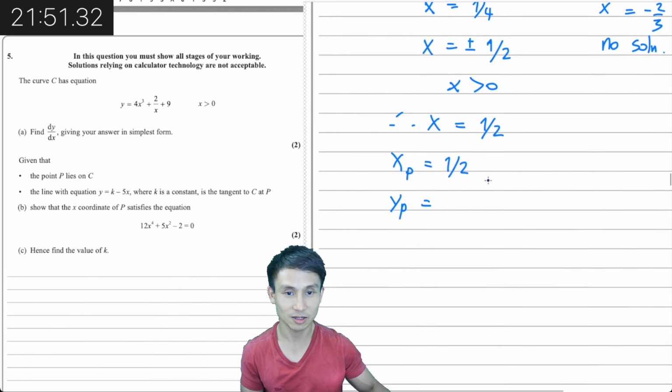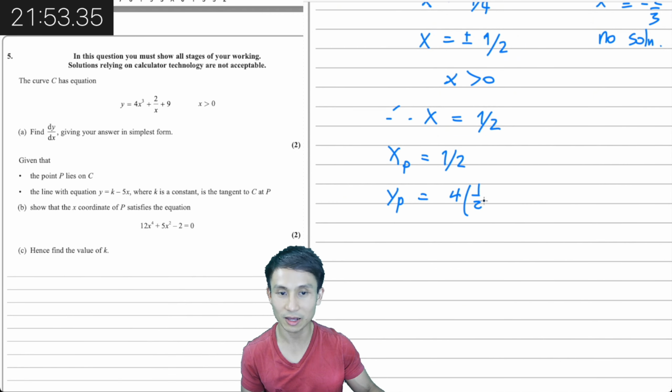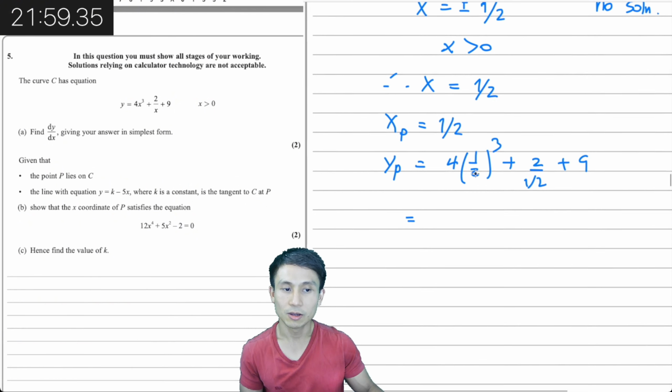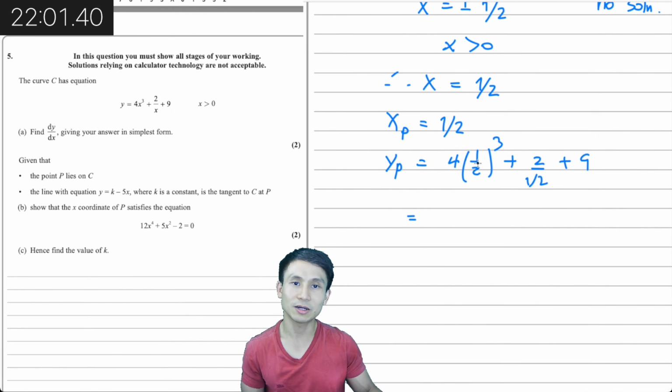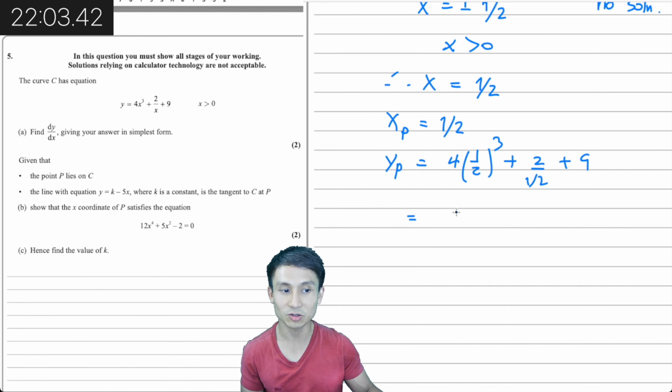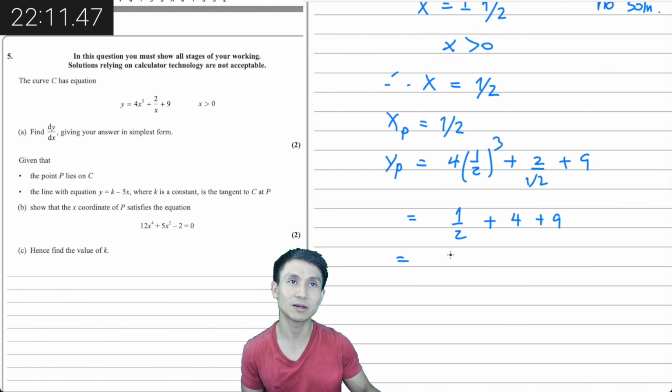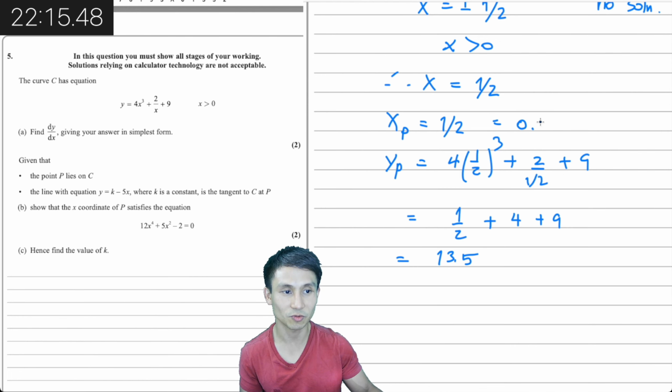So we do 4 times a half subbed in. A half cubed, we get 1 over 8, so that's a quarter. This is 2 over a half, which is 4, and plus 9. So that's 13 and a half. I'm just going to put 13.5. This is 0.5.